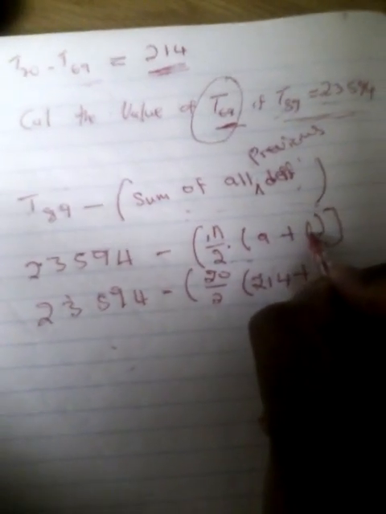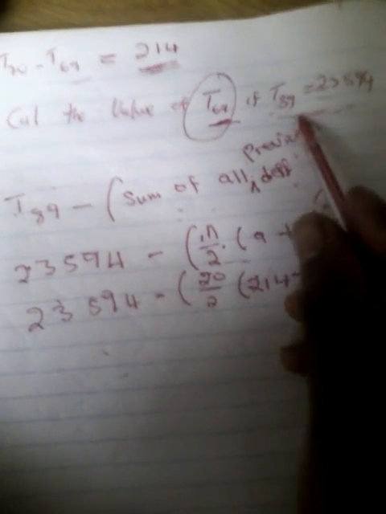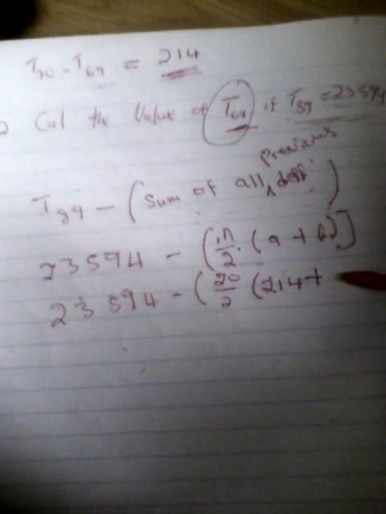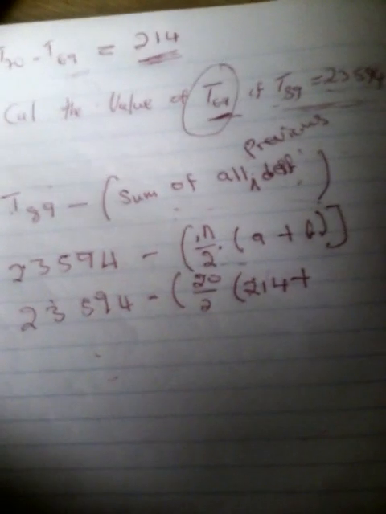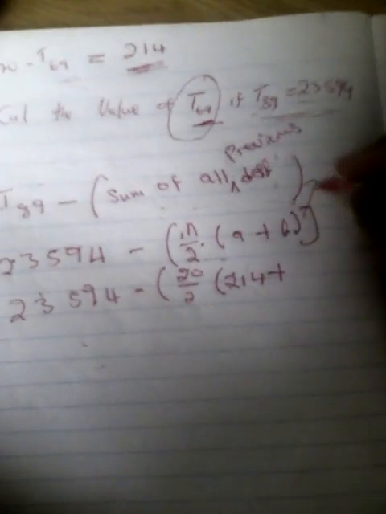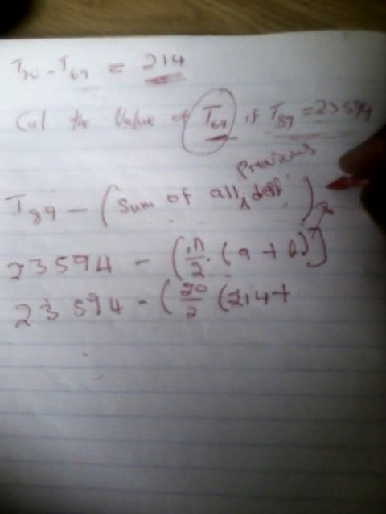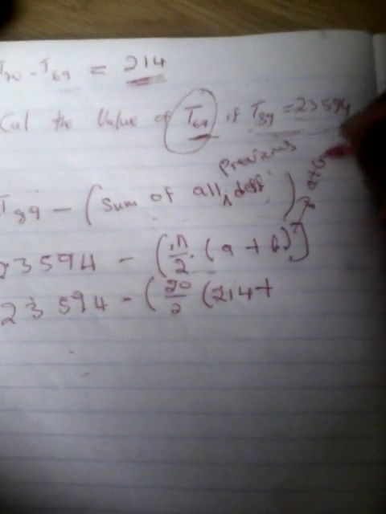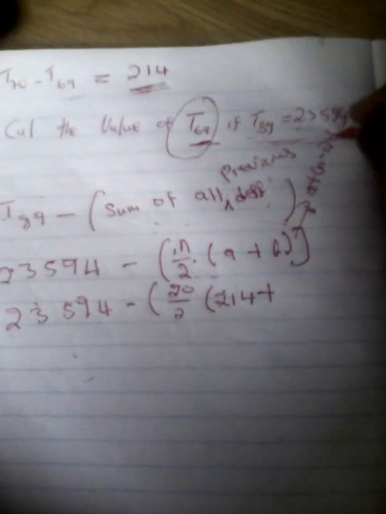How are we going to determine the last term? The last term of the arithmetic progression on the first difference. Use the formula of the arithmetic progression, which is a plus n minus 1 d.